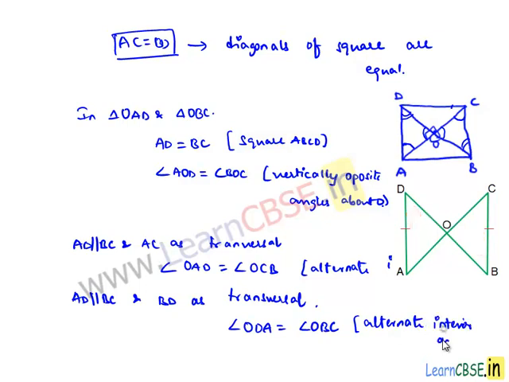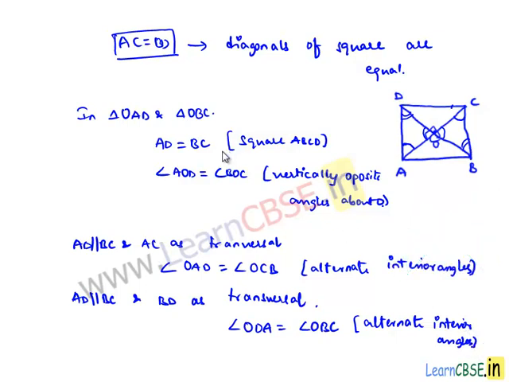So now two corresponding angles and a side of triangles AOD and BOC are equal. So by ASA congruence rule, we can say triangle OAD is congruent to triangle OBC.